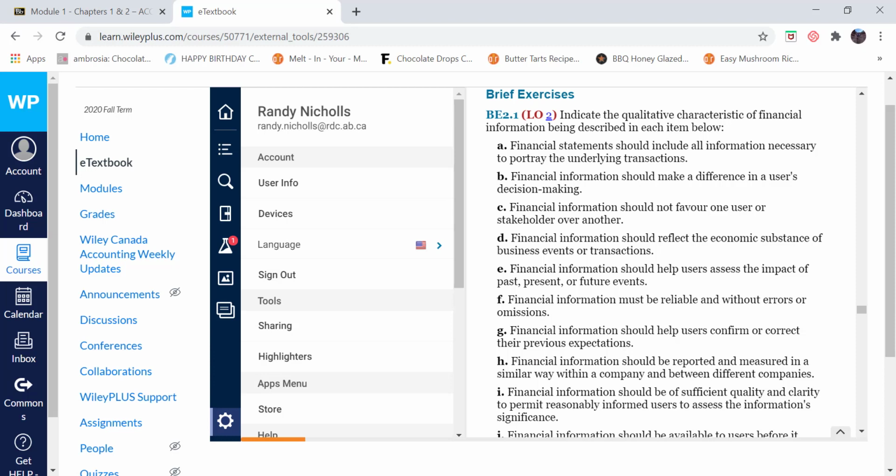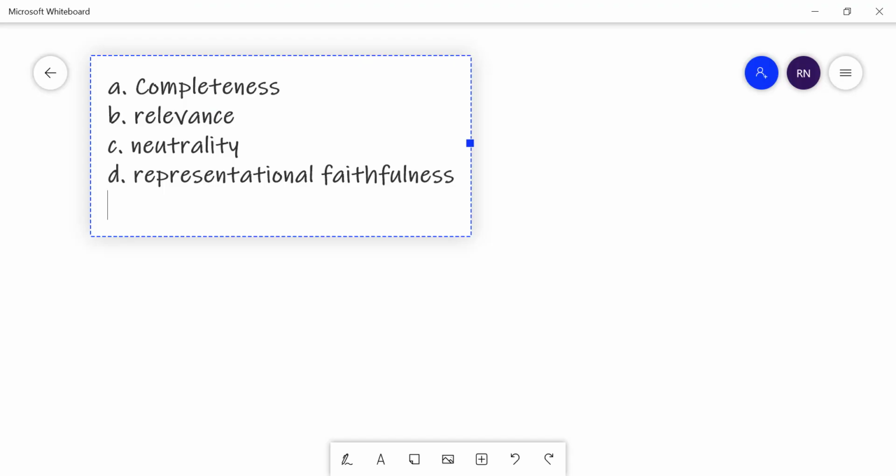Financial information should help users assess the impact of past, present, or future events. I think the right term here, it should have predictive value. Or it should have feedback value.